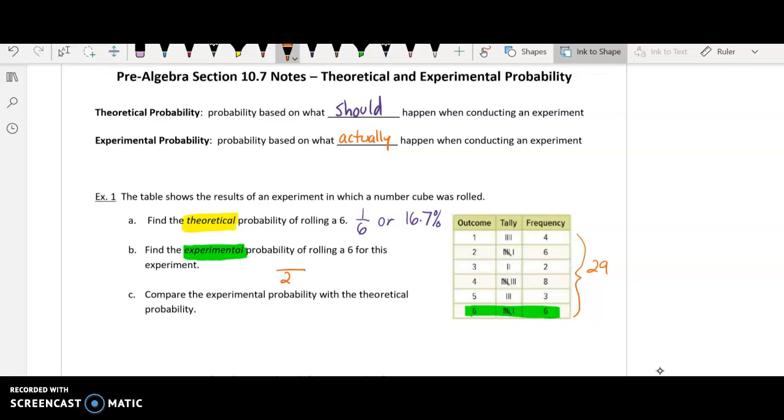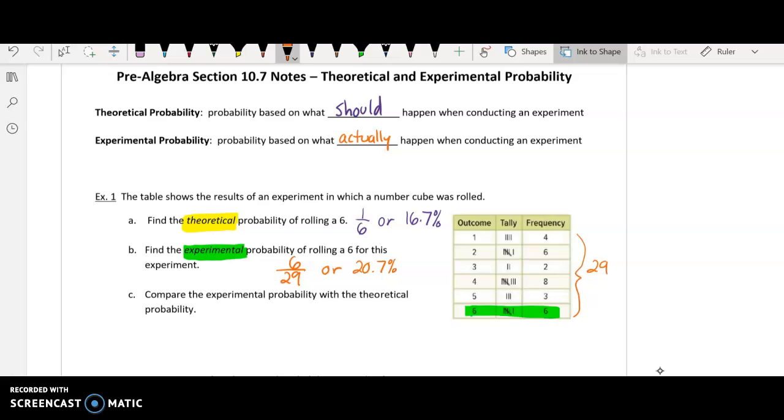So out of those 29 rolls, how many of them landed on 6? And we can go to our table and see that there was a frequency of 6 times. So our probability is 6 out of 29, or as a percentage, this would be 20.7%.